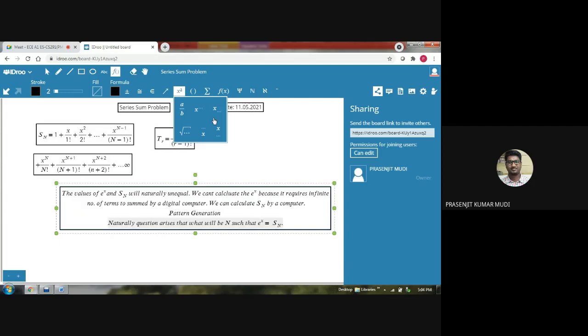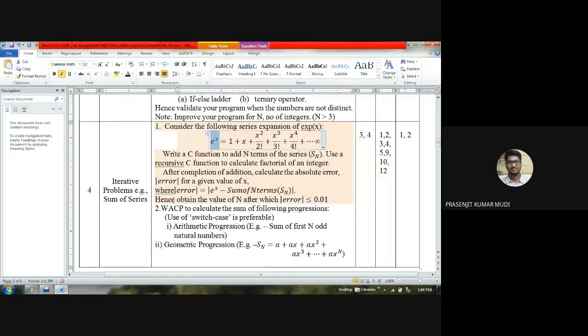Okay, so this is what we want. That's why a question is given in the assignment: obtain the value of n after which this holds.